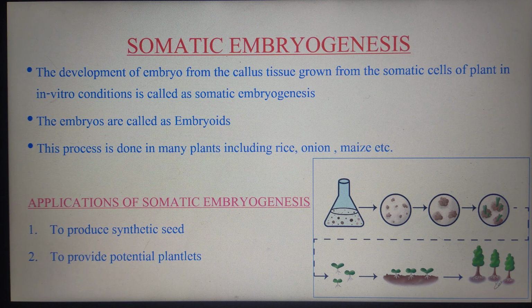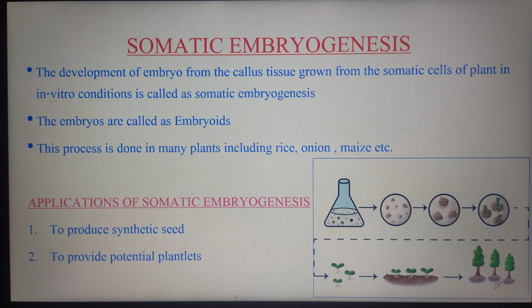So we are developing an entire plant from a small piece of leaf. The leaf is nothing but a body part of the plant, right? So that plant leaf, which is made of body cells, has been induced to develop into an entire plant.